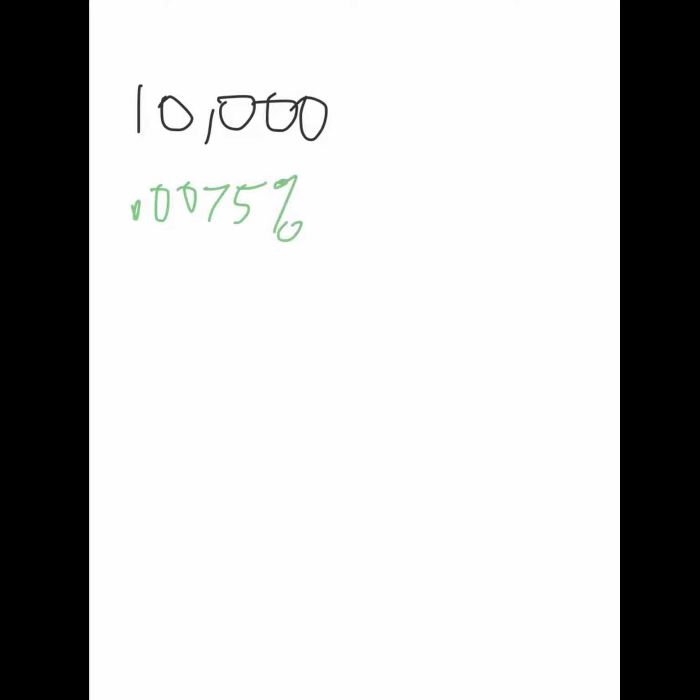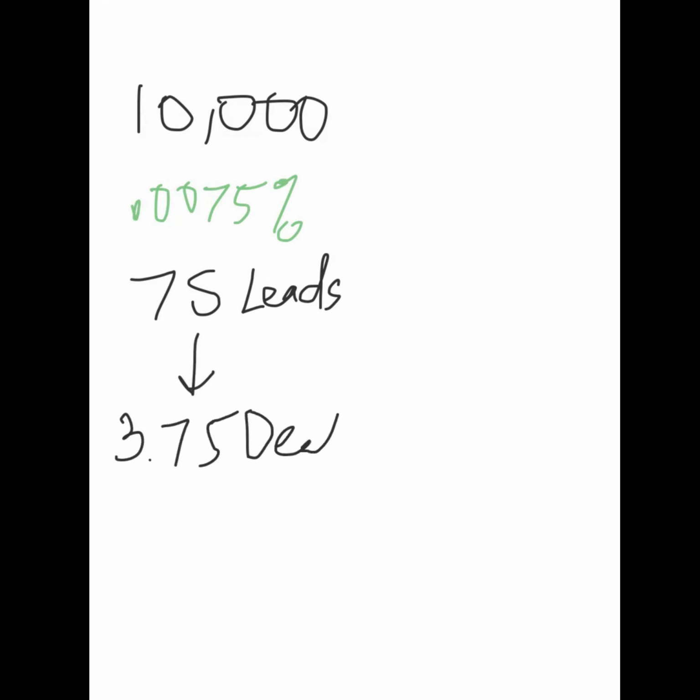If you do the math, that's going to take you down to 75 leads. Out of those 75 leads, that's going to take you down to 3.75 deals. We can round up or down. You can say 3 deals, you can say 4 deals.